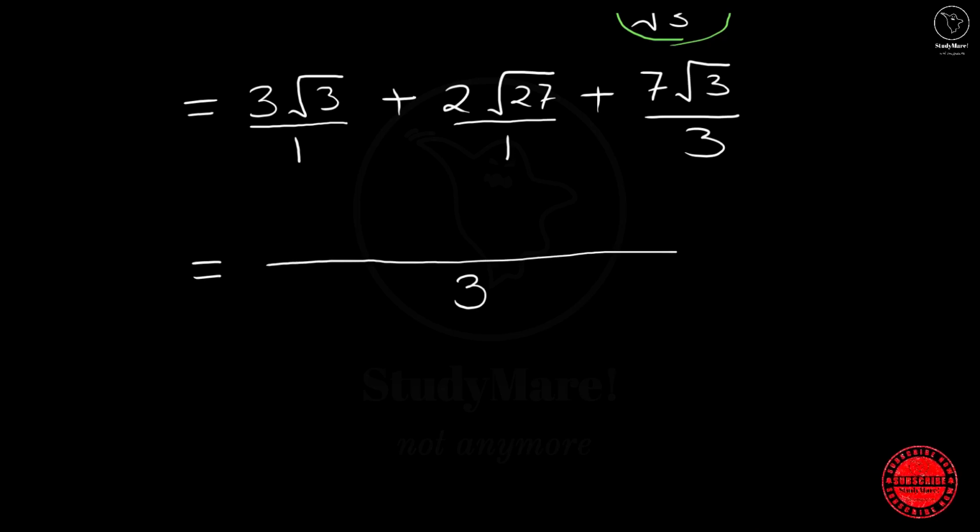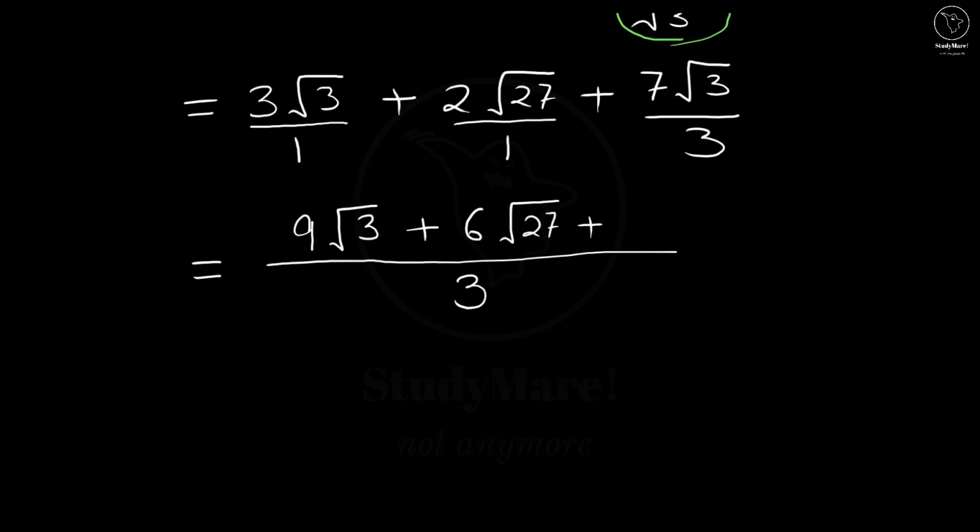Now 1 3s are 3 and 3 into 3 is 9 root 3 plus 1 3s are 3 and 3 2s are 6 root 27 plus 3 1s are 3 and 1 into 7 root 3 gives us 7 root 3.